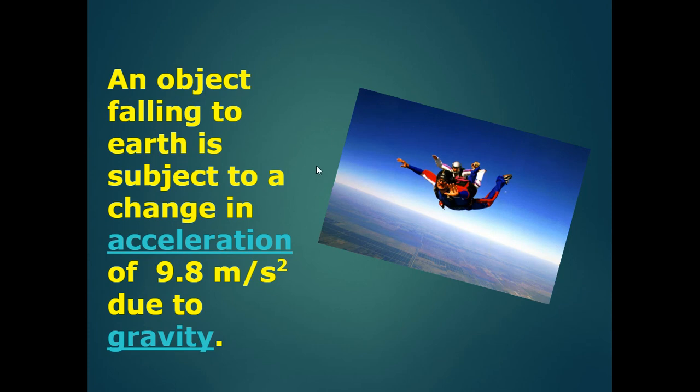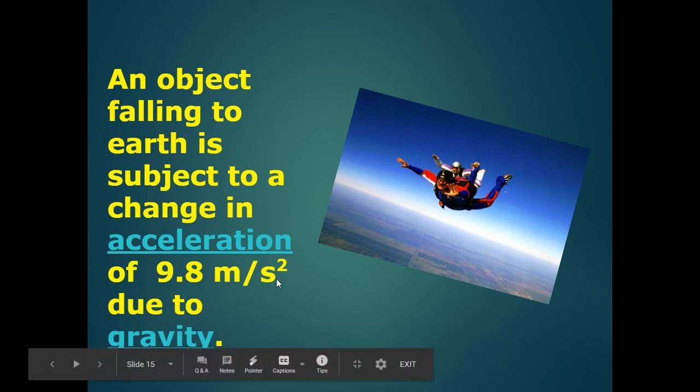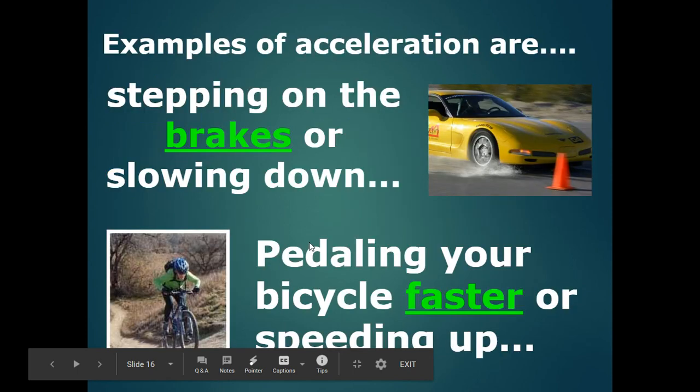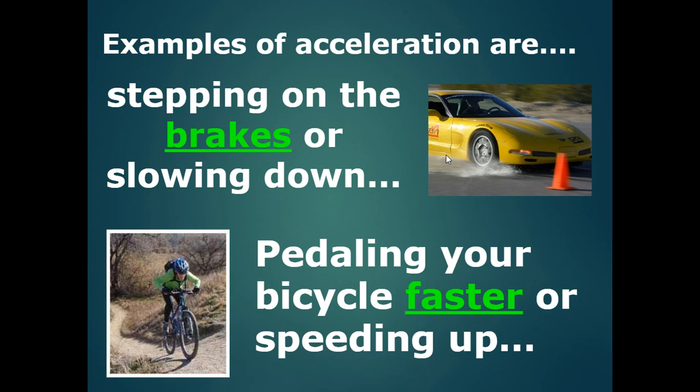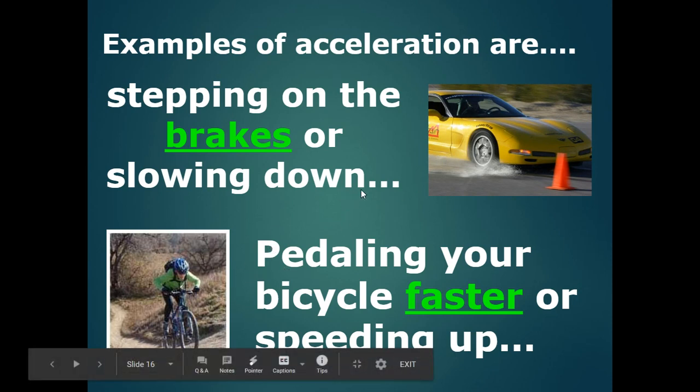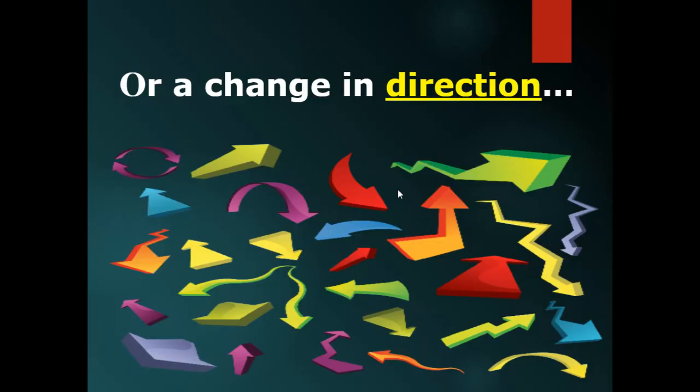An object falling to Earth is subject to a change in acceleration of 9.8 meters per second squared due to gravity. Examples of acceleration are stepping on the brakes or slowing down, pedaling your bicycle faster or speeding up, or change in direction.